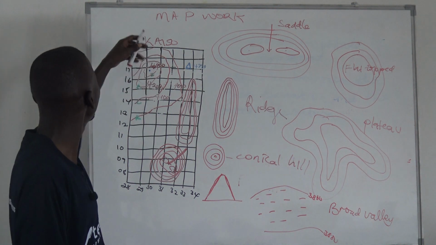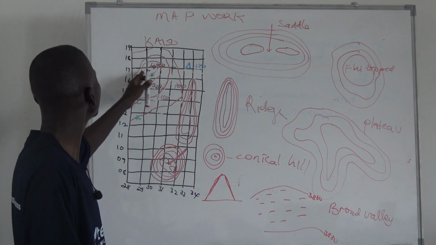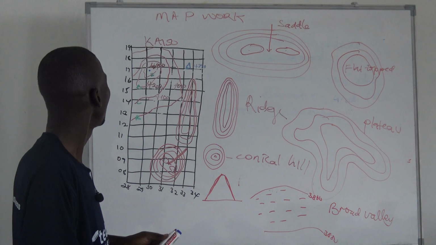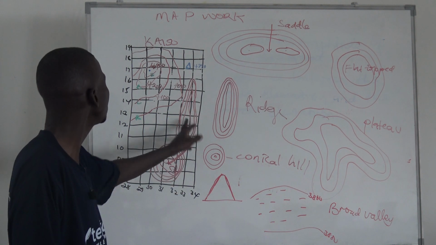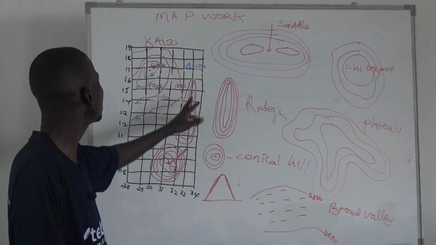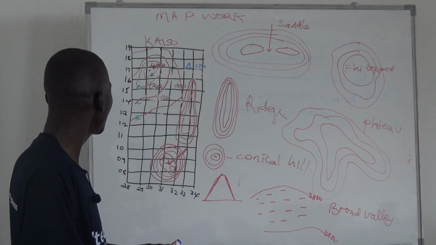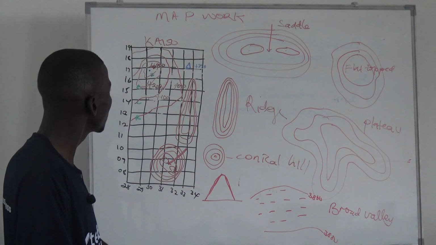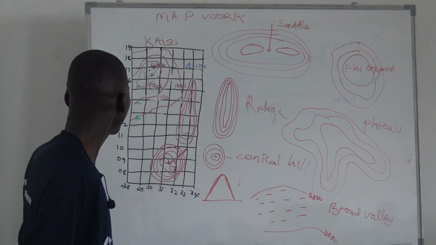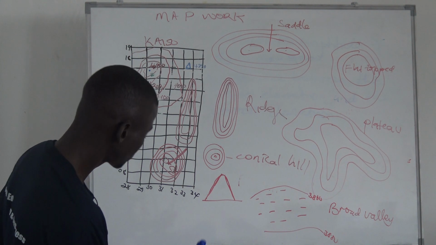Like here you will say, when I look at Kaiso Tonya this side, there is a conical hill. When I look into the east of Kaiso, there is a plateau. When I look into the south of Kaiso Tonya, there is a shadow and a flat topped hill.